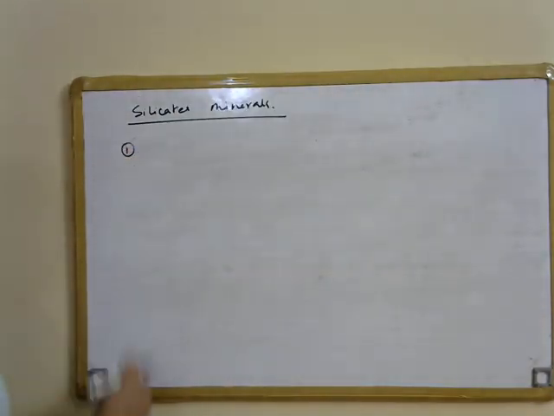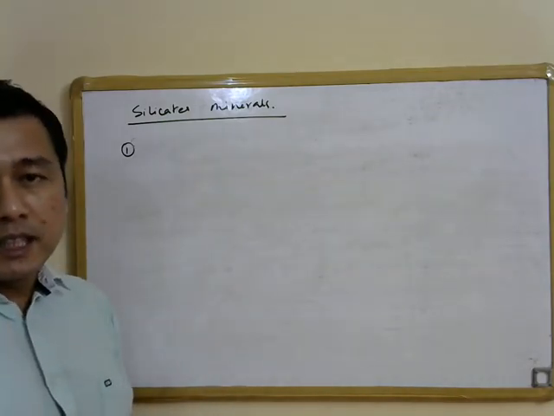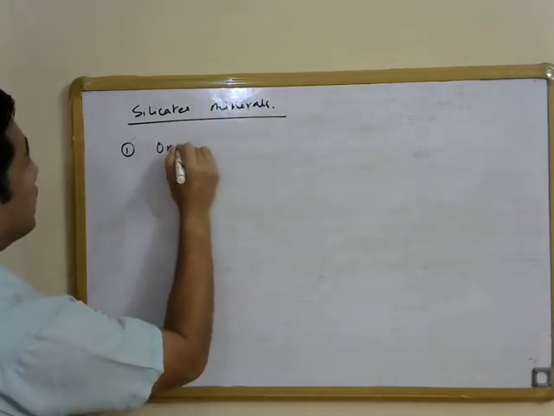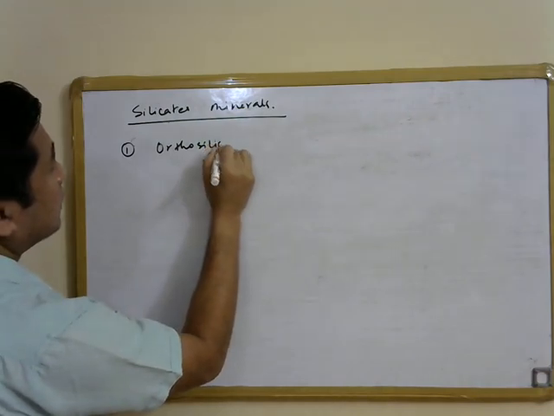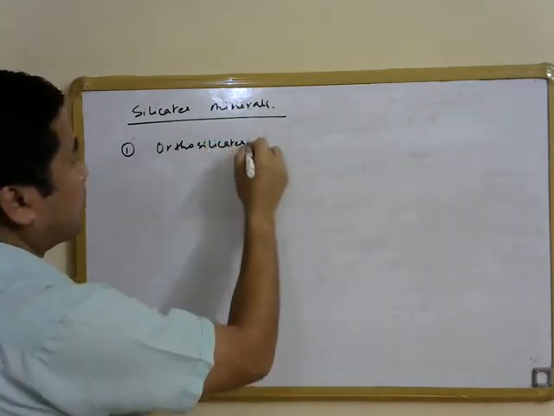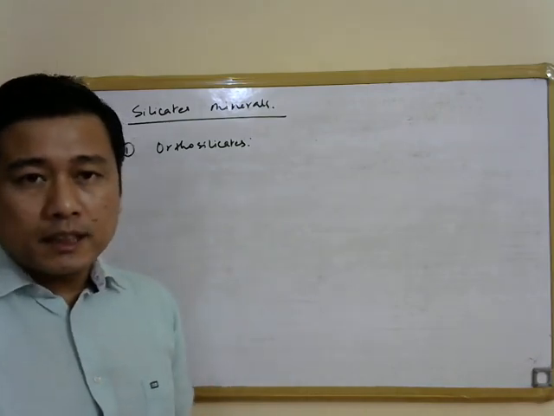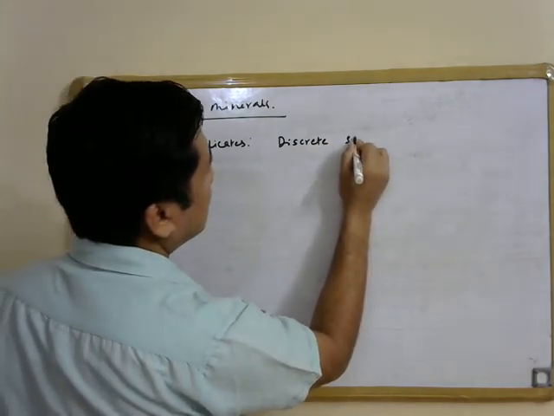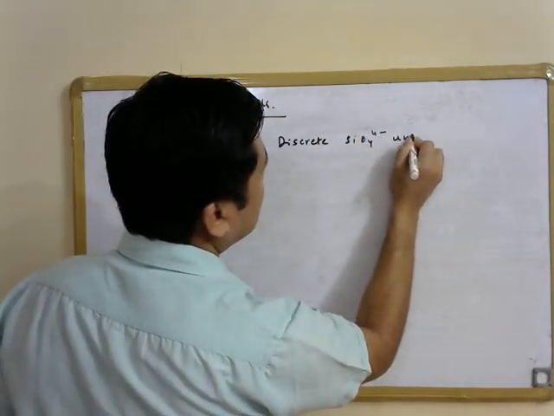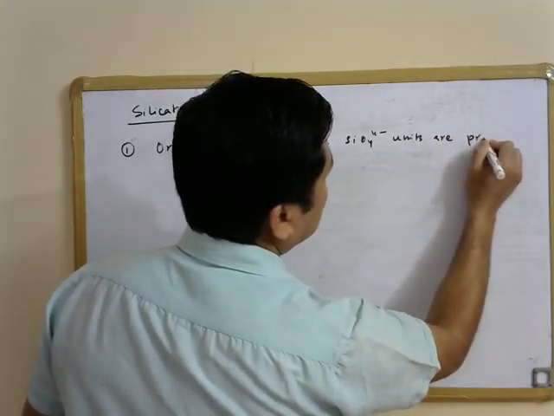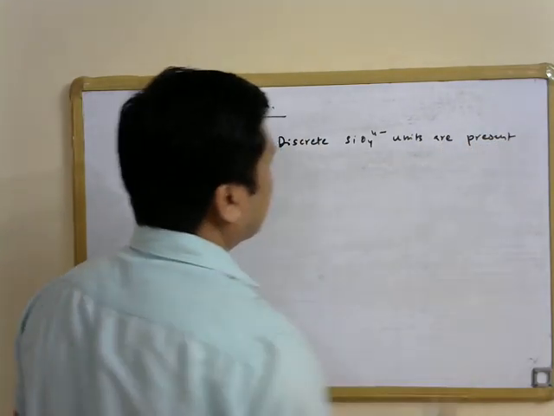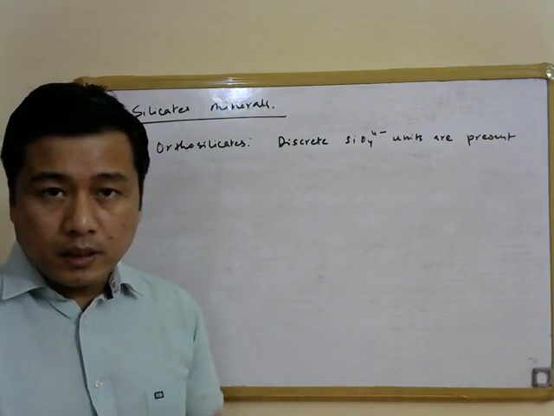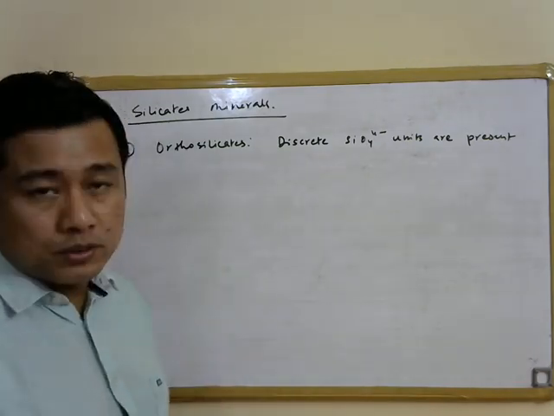So the first structural type of silicate minerals is known as orthosilicates. In orthosilicates, discrete SiO4 units are present, and the SiO4 units do not share any oxygen atoms because they are present as discrete units.